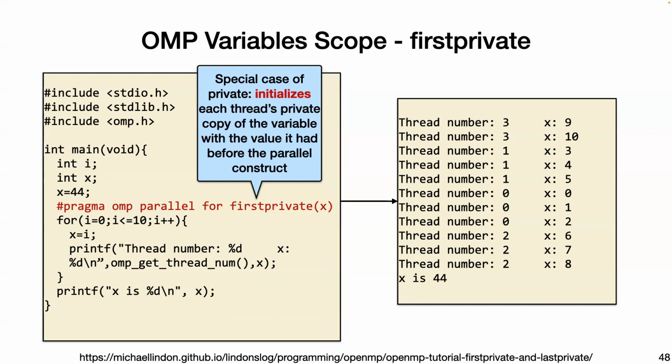And then there's also firstprivate, which initializes everybody to the value it had before you declared it outside. So in the beginning, X is 44 for everyone, but then you overwrite it with I. That's why this is the same output that we got in the first example, but if you were to print X here, you would get 44 for everybody.